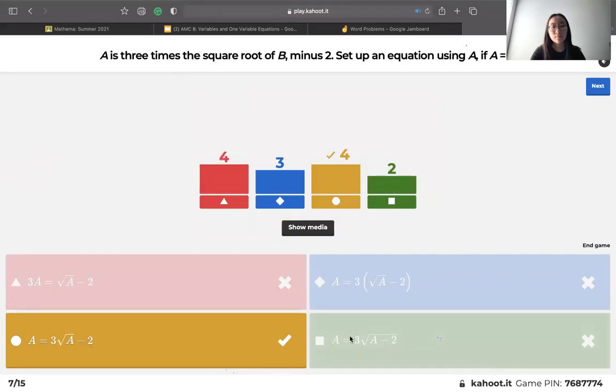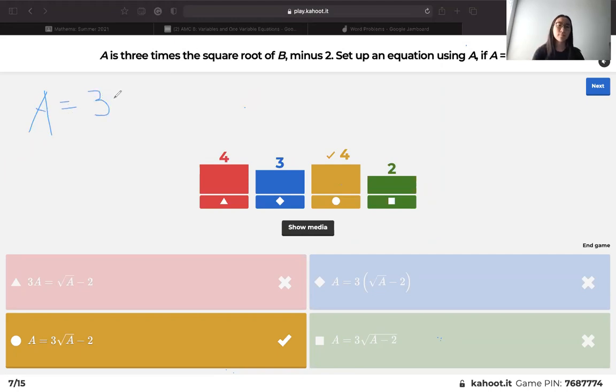Okay, so this one was the yellow one because here it tells us that A is equal to B. So we're trying to set an equation for A, and then A is equal to 3 times the square root of B, which is also the square root of A since A is equal to B, minus 2.